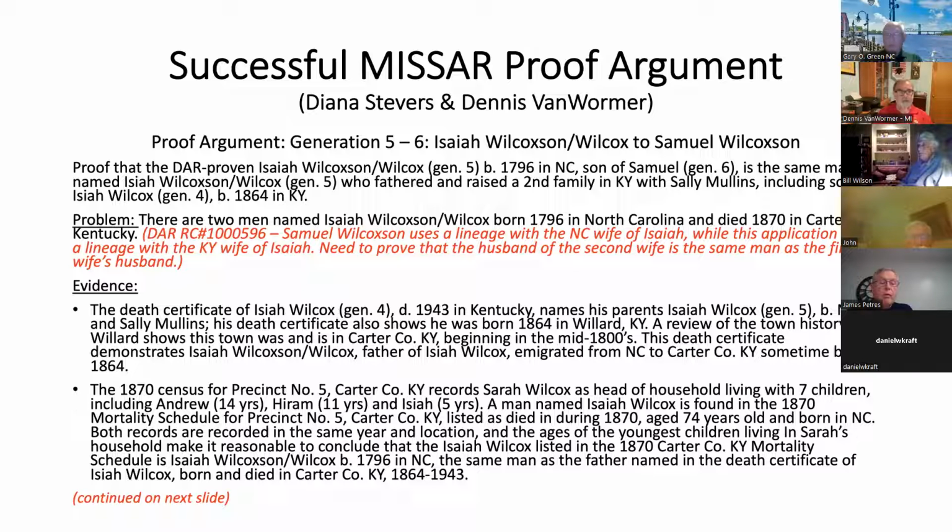So here was the first one. Basically, the issue was they had this DAR number in red, a fairly recent one. Samuel Wilcoxon was the patriot, and he had a son by the name of Isaiah Wilkinson. Isaiah was born in North Carolina and died in Kentucky, but he married while he was in North Carolina.